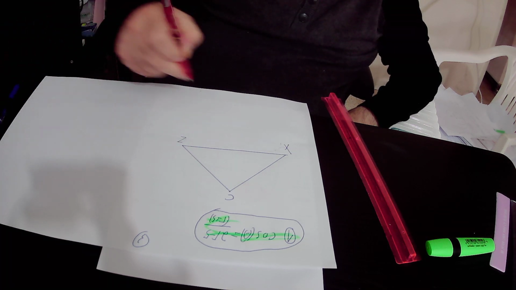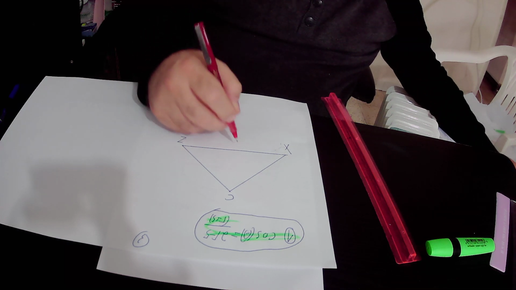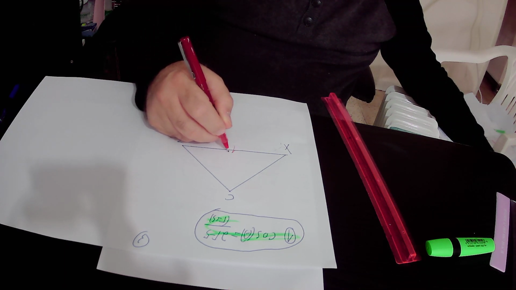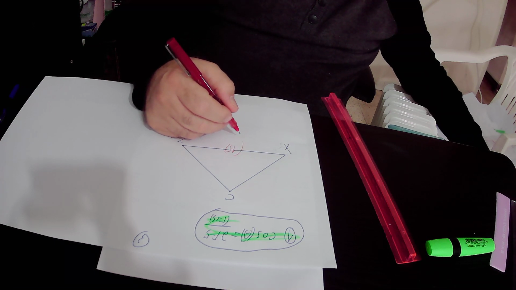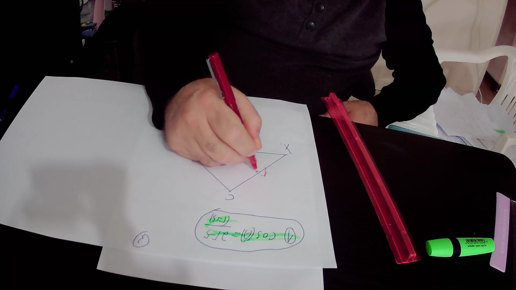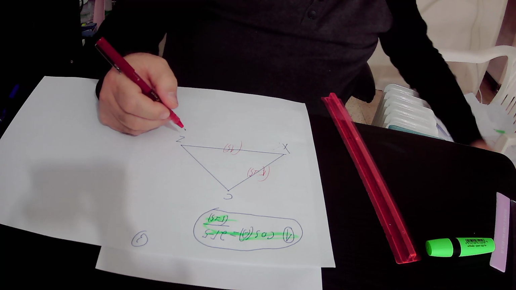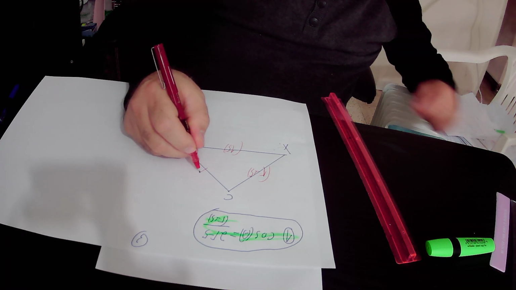We have already found out that XZ equals 15 units, XC is equal to r plus 5 units, and CZ equals r plus 10 units.